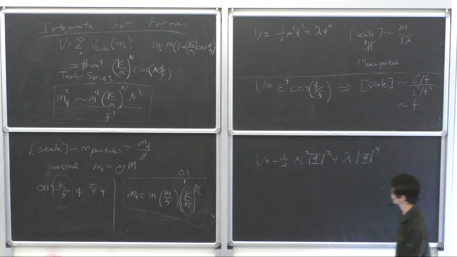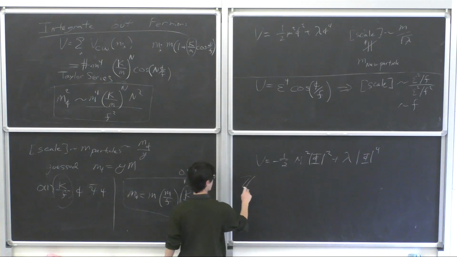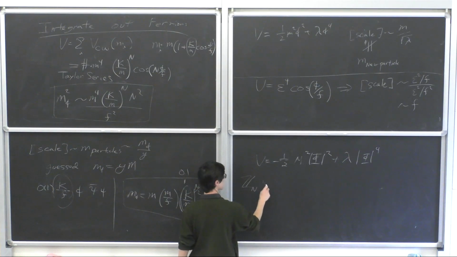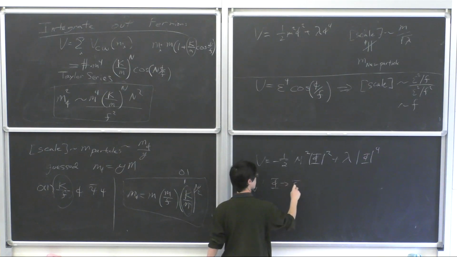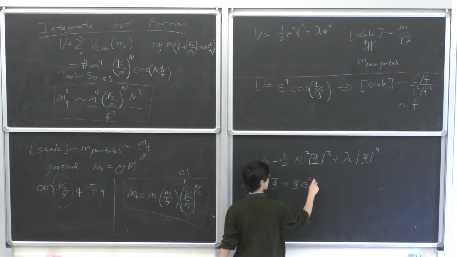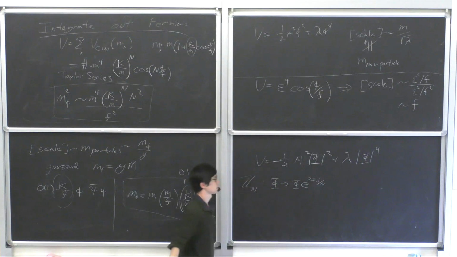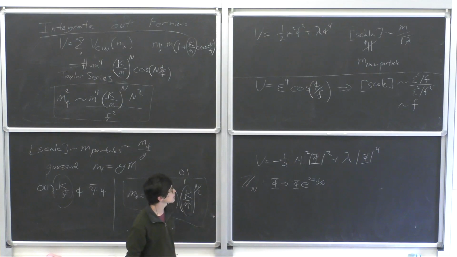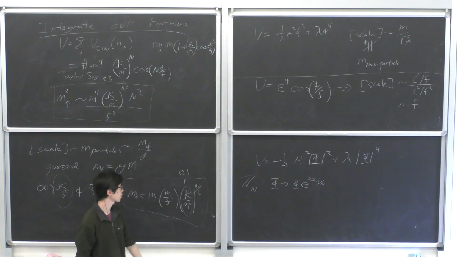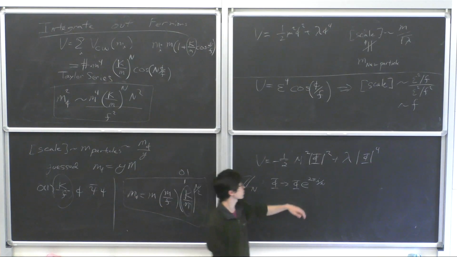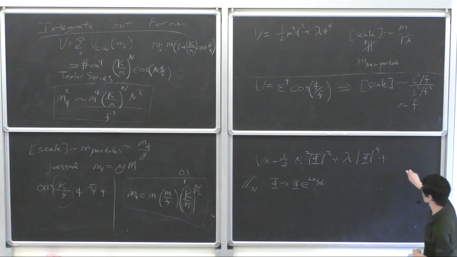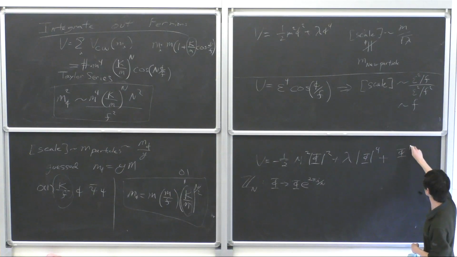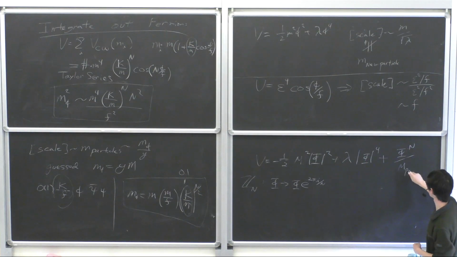And we're going to, as before, write a Zn symmetry under which phi goes to phi e to the 2 pi i over n. So I can say, actually, this theory is not a U1 spontaneously broken. There's a Zn symmetry, so eventually I can give a mass to the Goldstone boson by writing phi to the n over whatever, let's say M Planck to the n minus 4.